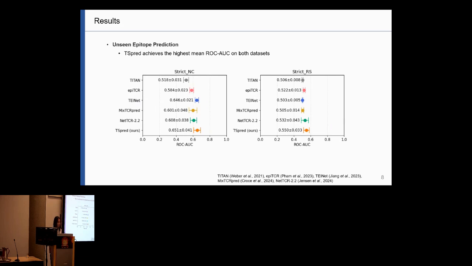We could observe that compared to the seen epitope prediction, models perform generally much worse on the unseen epitope prediction. Still, TSpred achieved the highest mean RCAUC on both datasets, achieving 0.65 and 0.55 on strict NC and strict RS, respectively.